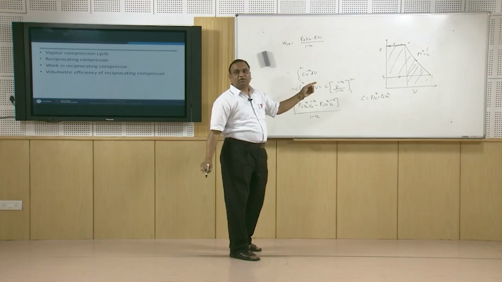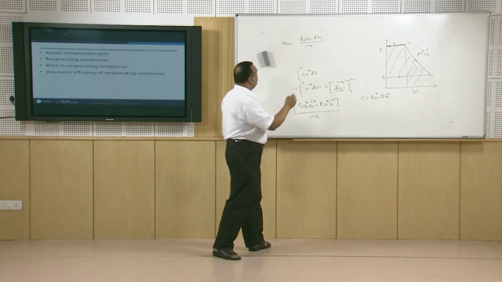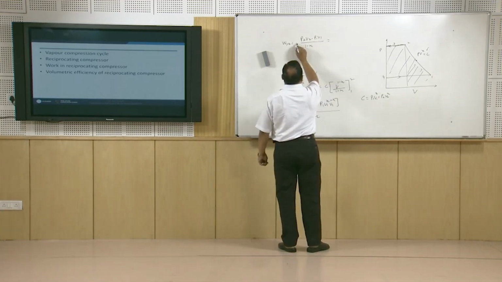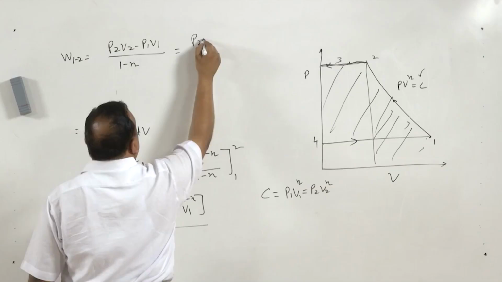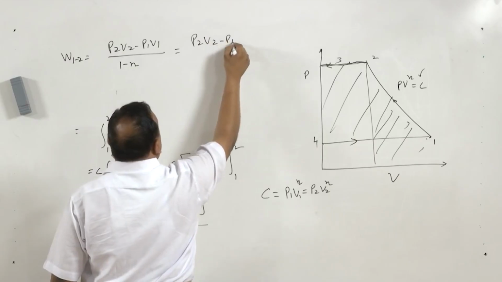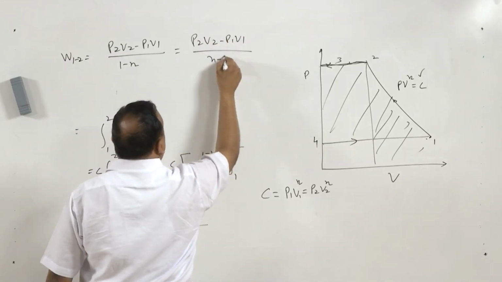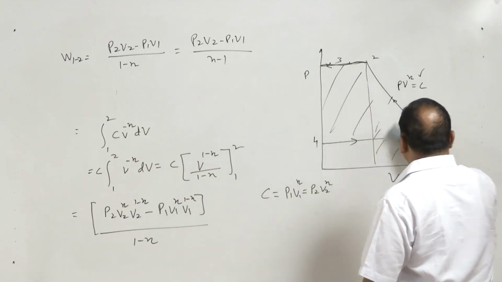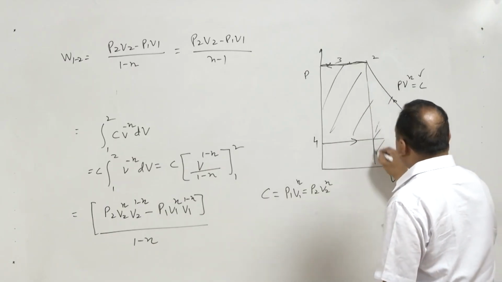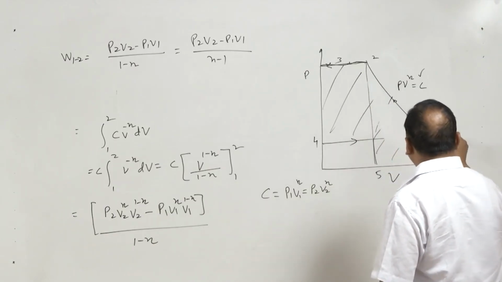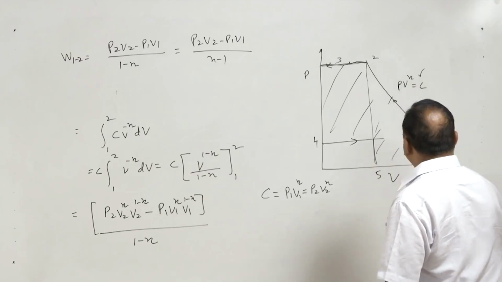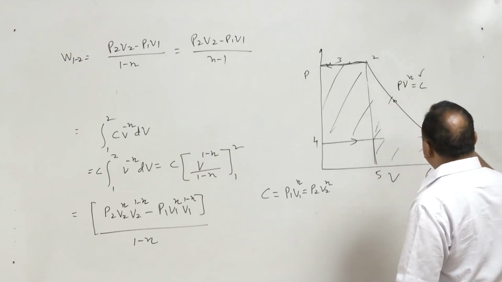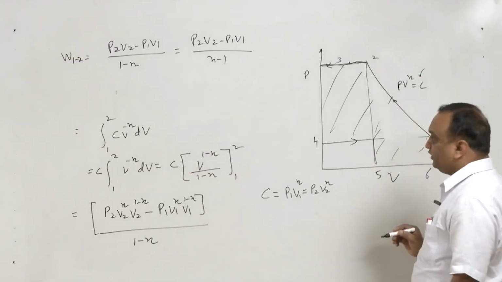Because in this process work is consumed by the system, we will take the negative of this for the final expression. This expression is for the work under this curve, let us say points 5 and 6, so the work under 1, 2, 5, 6. This is the work done during compression from state 1 to state 2.